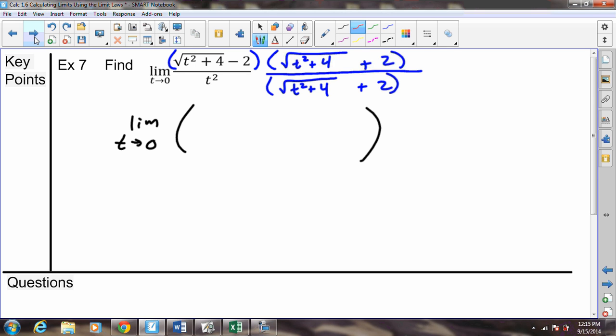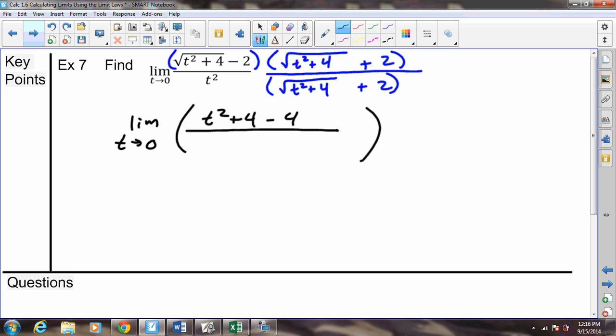We would wind up with the first piece squared. So a square root times a square root is just the piece inside. And then we would have the second piece squared, negative 2 times positive 2, which is negative 4, or subtract 4.